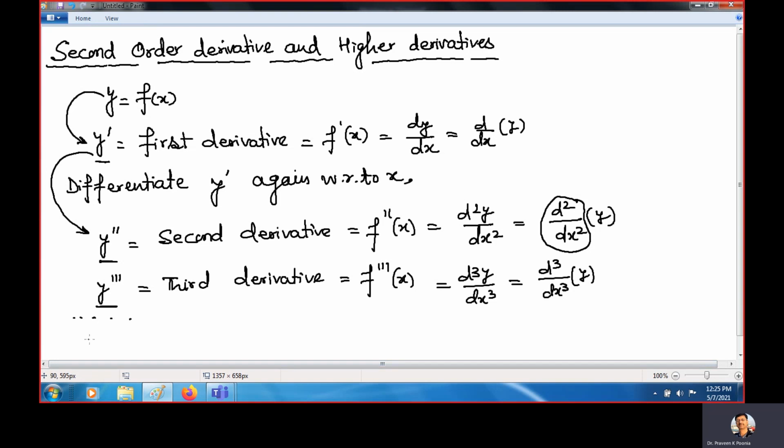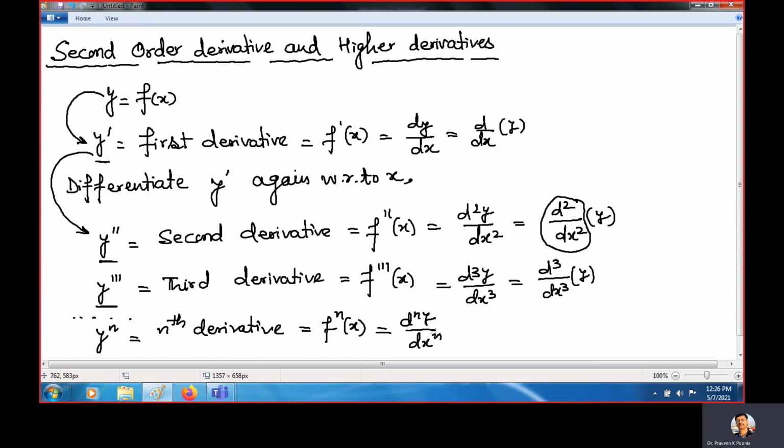And continuing in this way, you can call it yn. Yn means the nth derivative. And this is equal to f n x, or it is called d n y upon dx n, the nth derivative.